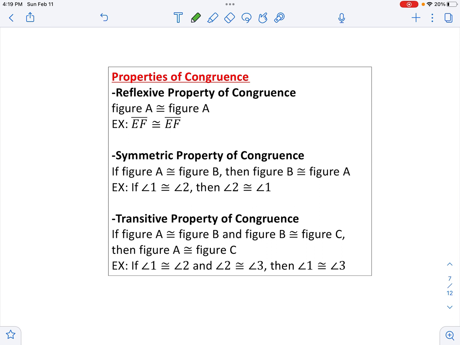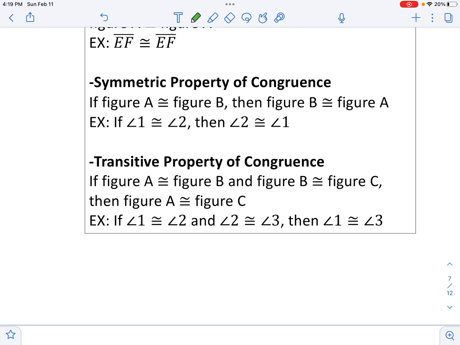All right, and then transitive property of congruence. So this one you will use a lot here in this unit, so I'm just going to put a star by it. This says, let's say angle 1 is congruent to angle 2, and 2 is congruent to 3, then that means 1 and 3 are both congruent. So hopefully that makes sense.